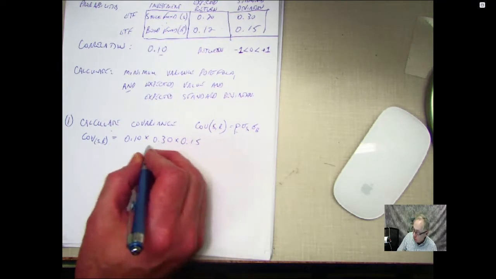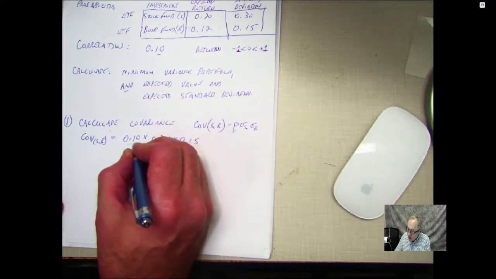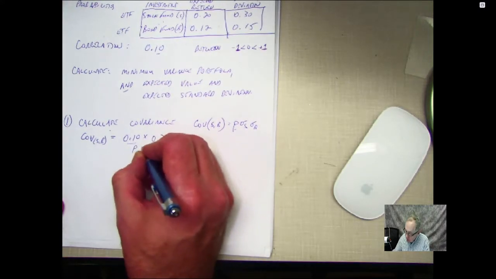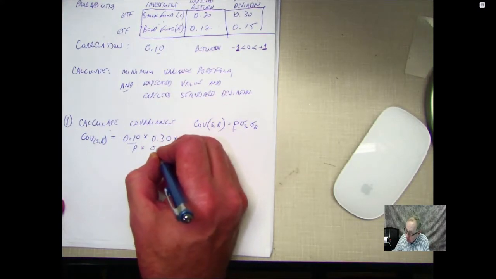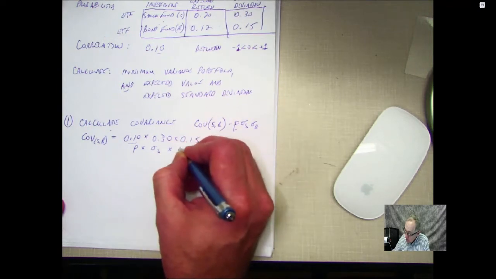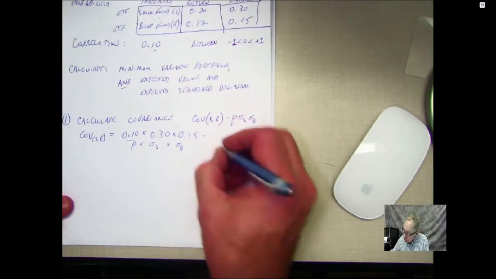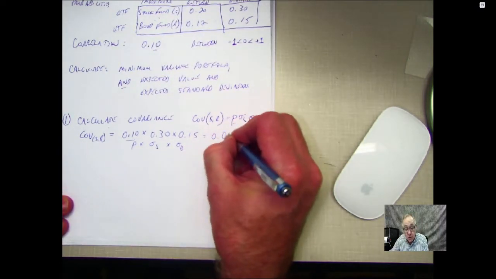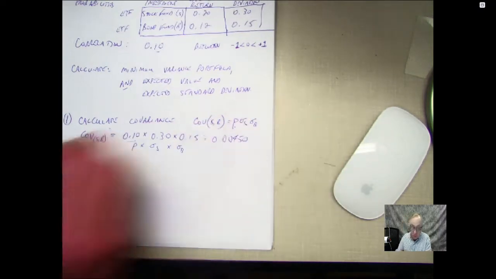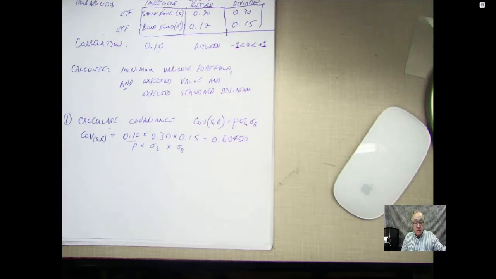So 0.10, this is rho, times the standard deviation of stocks times the standard deviation of bonds, computes to 0.0045.